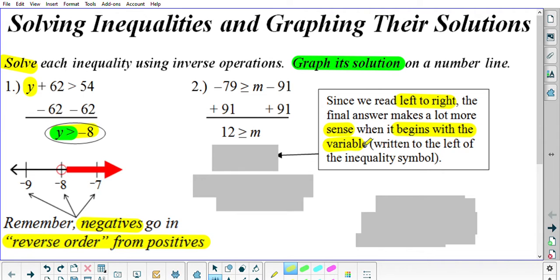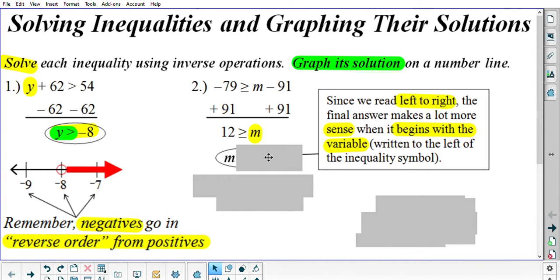When I say begins with the variable, I mean the variable is written to the left of the inequality symbol. So whenever you get a problem like number 2, that after you've solved it, the variable ends up being on the right side of the inequality symbol, the best thing for you to do is to flip the whole thing around.